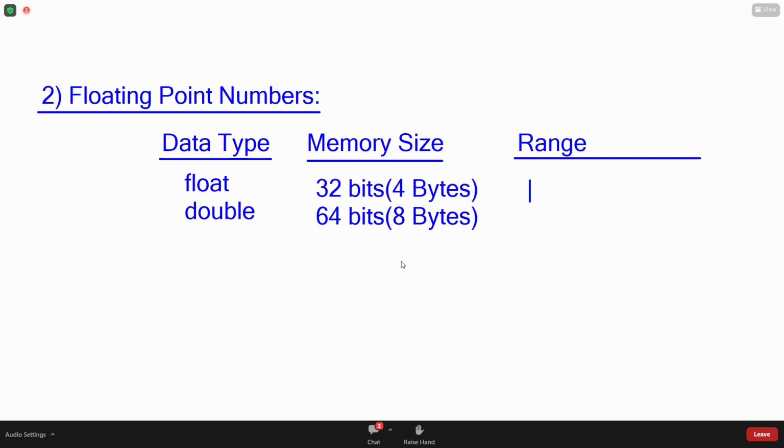Here, the range is minus 3.4 into 10 to the power of minus 38 to plus 3.4 into 10 to the power of plus 38.